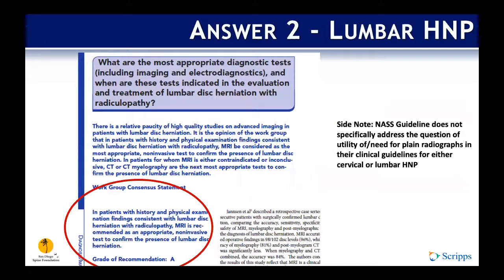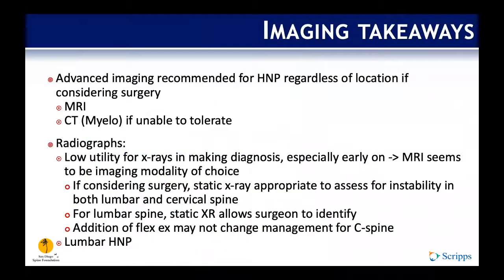And this is also a consensus statement looking at additional confirmatory tests. They're just saying that MRI is recommended as the appropriate non-invasive test to confirm the presence of a herniated disc in a patient with concern for lumbar disc herniation. As a side note, they actually did not address the question of radiographs in their guidelines.